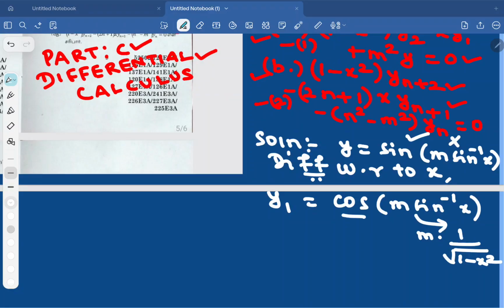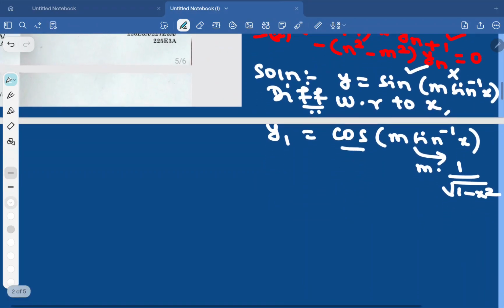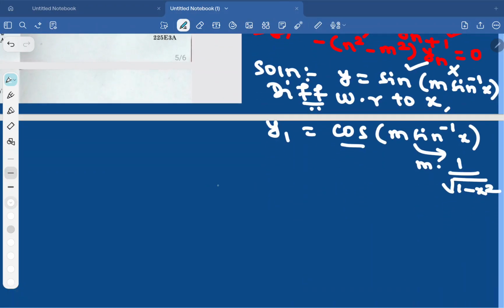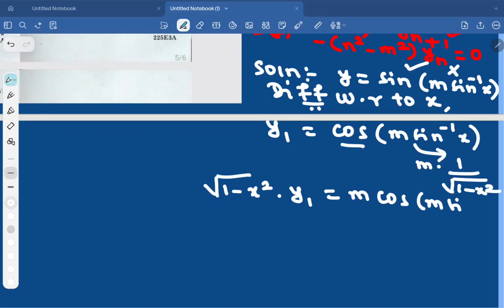Here cos of m sine inverse of x, times the differentiation of m sine inverse of x, which is m into 1 by root of 1 minus x square. Cross multiplying, root of 1 minus x square into y1 is equal to m cos of m sine inverse of x.